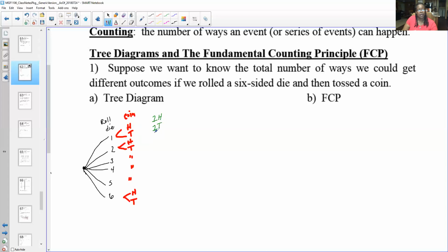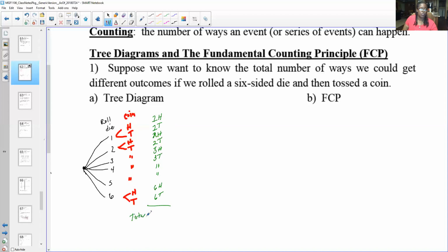Then here you have 2 heads, 2 tails. Here you would have 3 heads, 3 tails. And going all the way down, following the same pattern until you get all the way down to 6 heads, 6 tails.